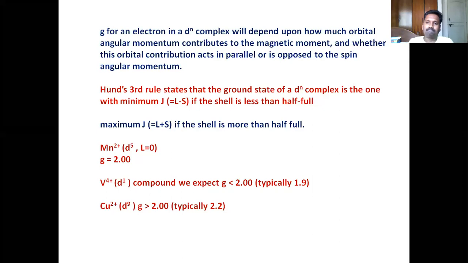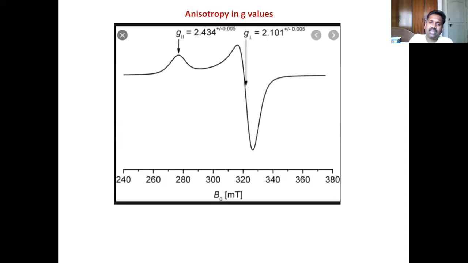Now, to our surprise, if we see the spectra of some complexes, we will get two G values. You see, a G at 2.101 as well as a G at 2.434. Two G values from the same complex. And why is this? Is the question.